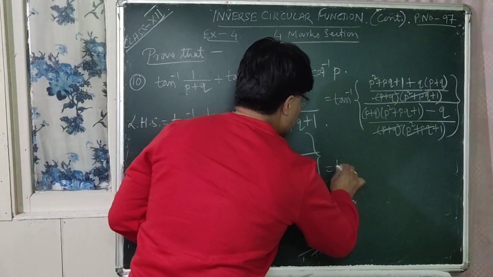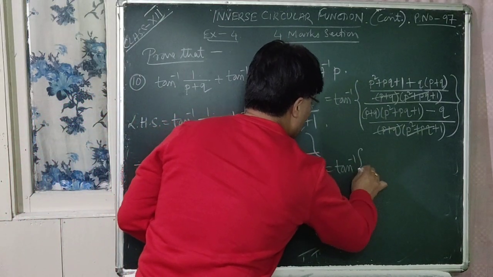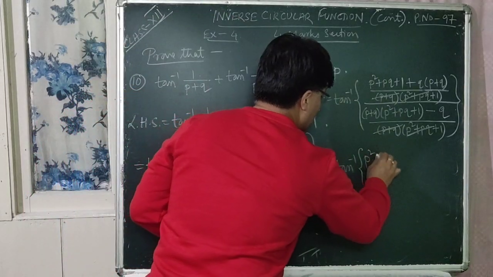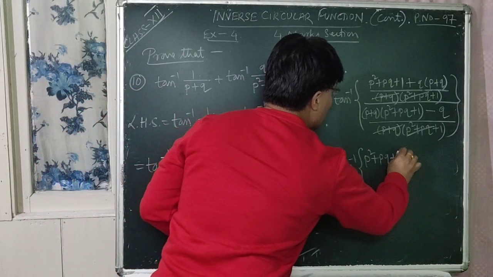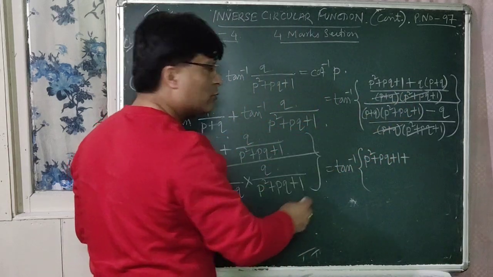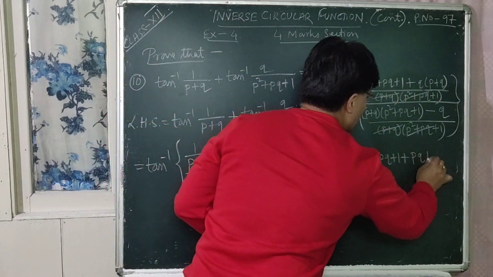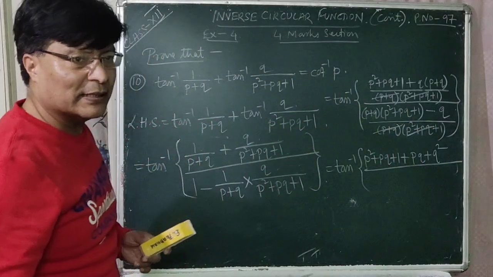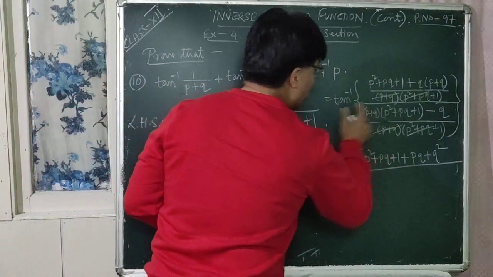So which is equal to tan inverse. Now within second bracket in the numerator, what will you write? P square plus PQ plus 1 plus, again multiply by Q there, it is PQ plus Q square. So this whole divided by, now we have to multiply these two factors, right?